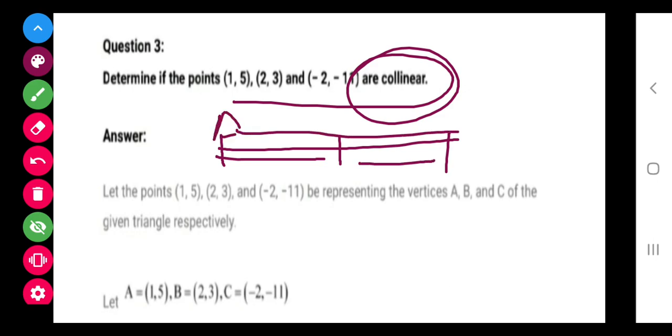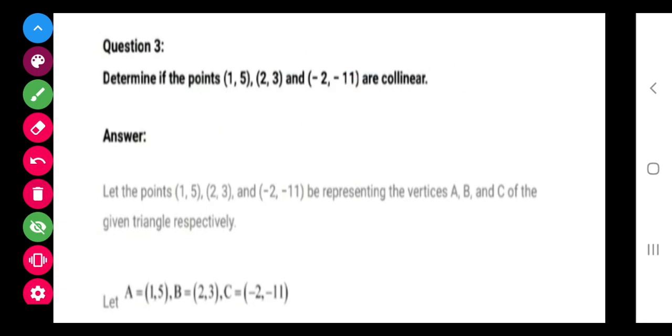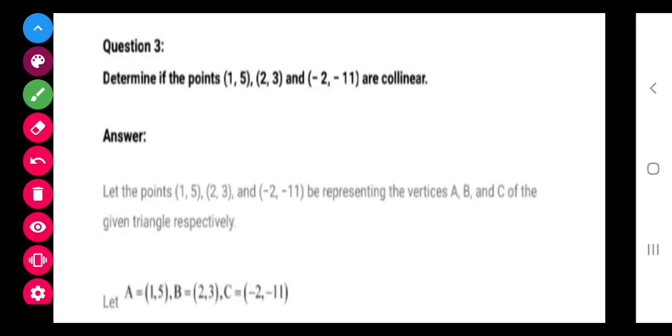So we will find first AB, these two, then BC, then AC, and we will come to know that the sum of any two sides is equal to the third side. So as they have considered ABC, I have not made the other solutions.